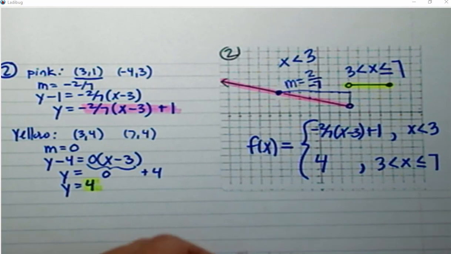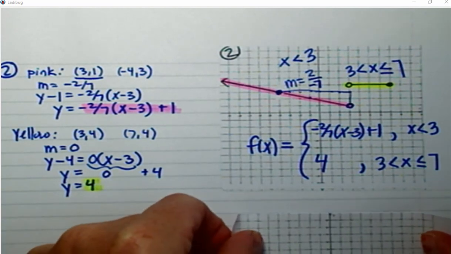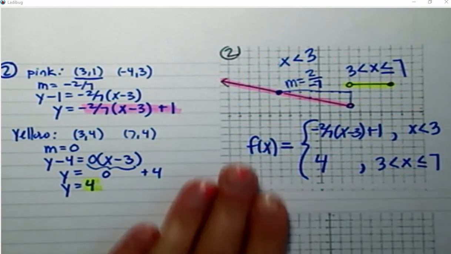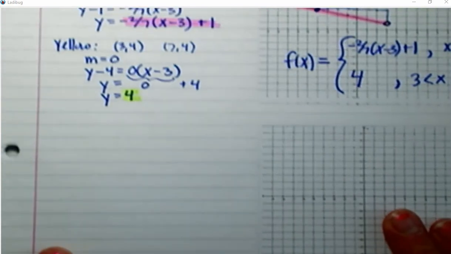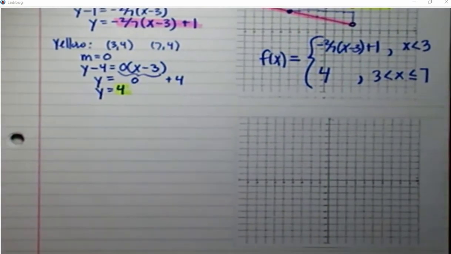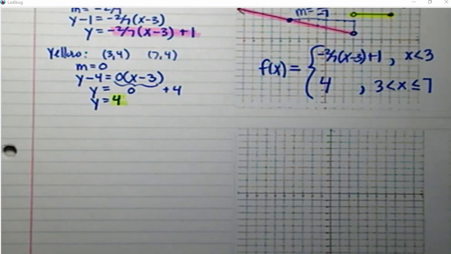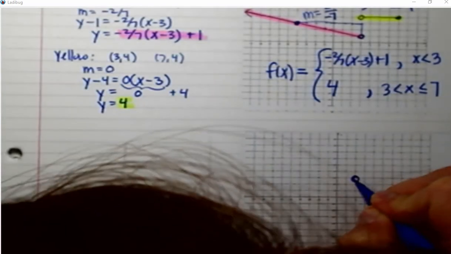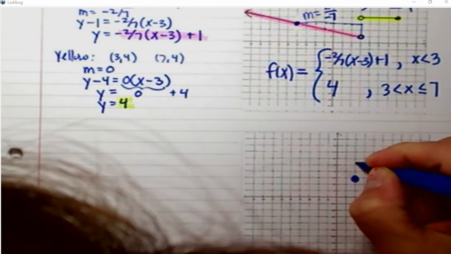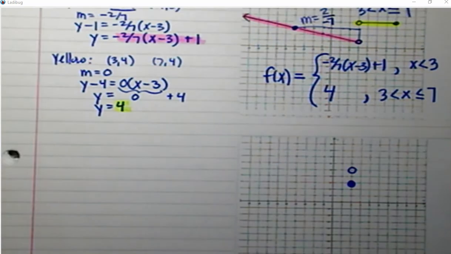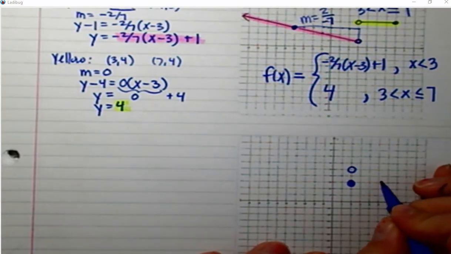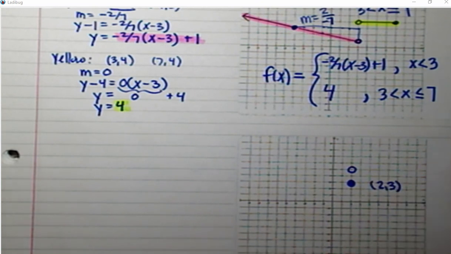Okay, I'm just going to show you something here, and then we're going to switch to our work time. You don't necessarily have to write this one down, but you can if you want. There was a question about what happens if you have a closed point, and then an open point. So this is at (2, 3), just so that you can see it.